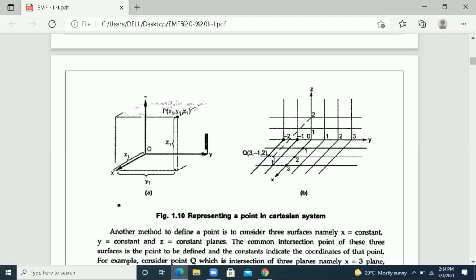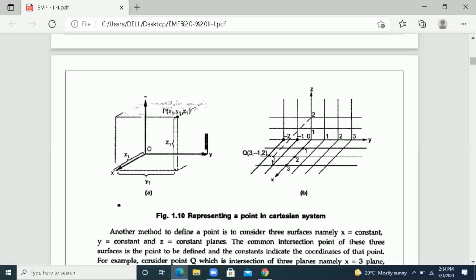Another method to define a point is to consider 3 surfaces, namely x equal constant, y equal constant, and z equal constant planes. The common intersection point of these 3 surfaces is the point to be defined, and the constants indicate the coordinates of that point.